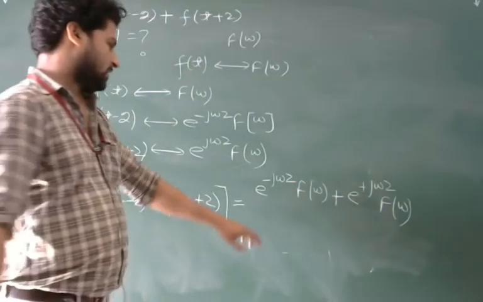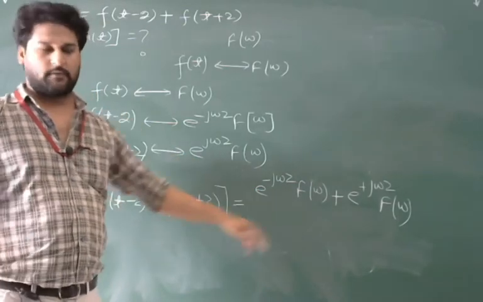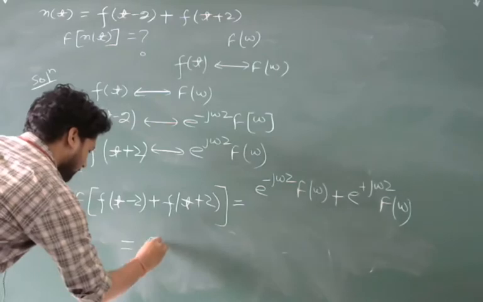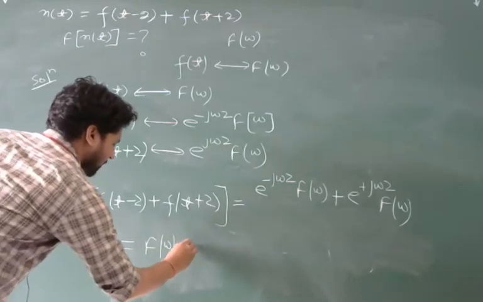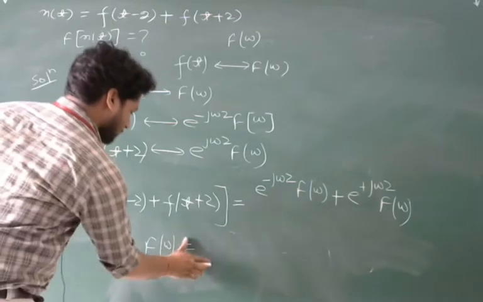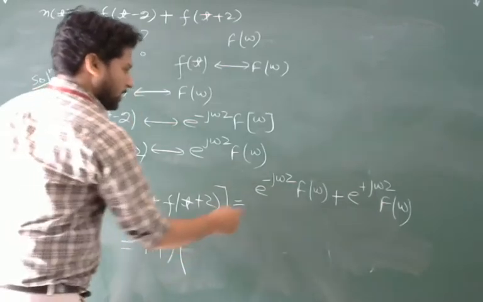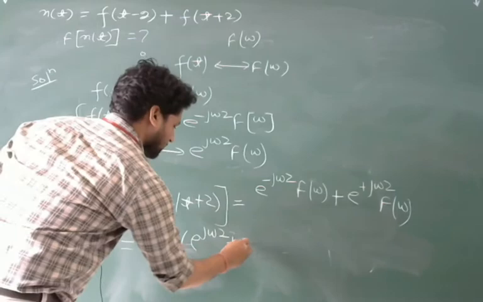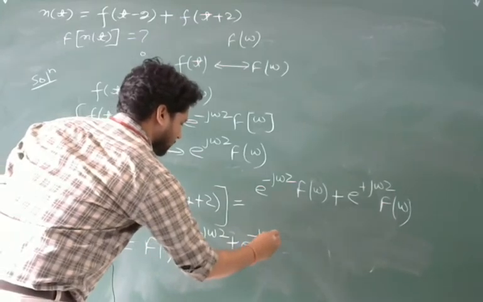We can take this capital F of omega common from these two terms, and this will become F of omega into e power j omega 2 plus e power minus j omega 2.